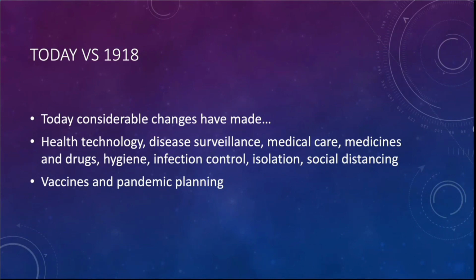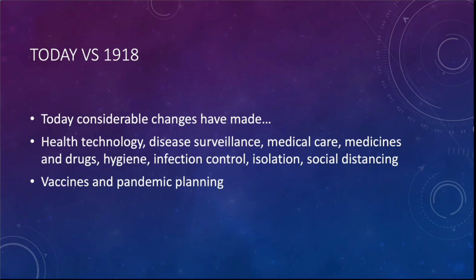Now, if we compare today versus 1918, we have made considerable changes. We have improved health technology, disease surveillance, medical care, medicines, antibiotics, other drugs. We have improved hygiene. We still have ways to go, especially in some remote areas where they don't even have running water. But we have also improved infection control practices, isolation, social distancing.